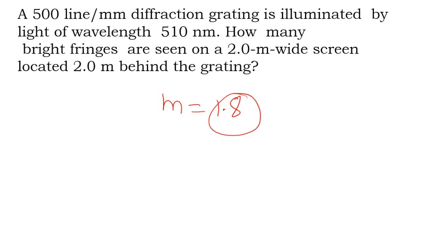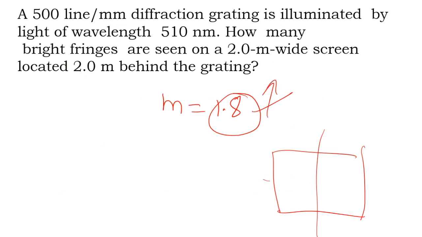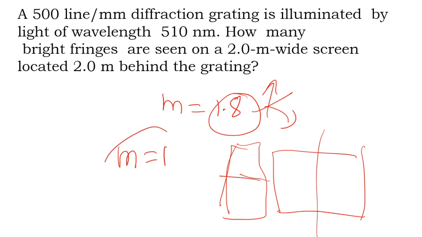But how can m be in decimal? You cannot take m greater than this, because then the length of the screen would need to be more, so you have to take it down. So for maximum, m should be equal to 1.